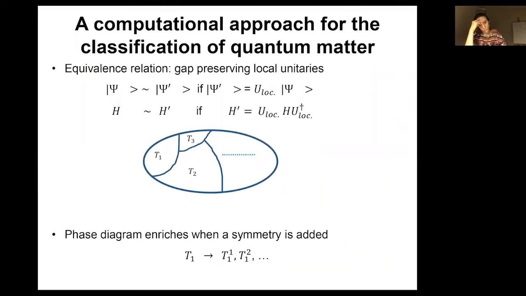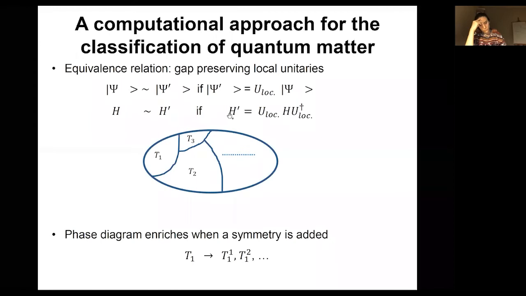This definition gets mapped to the following definition in the language of quantum circuits or quantum computing. We say that the Hamiltonian H is in the same phase as Hamiltonian H' if and only if H' can be mapped to H, or vice versa, by a local quantum circuit U_loc.